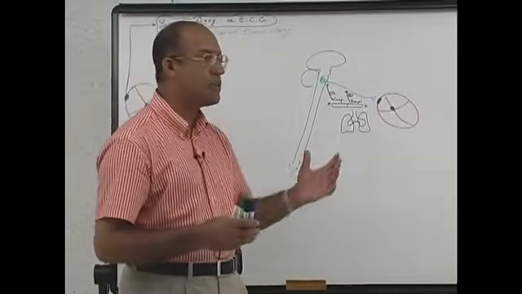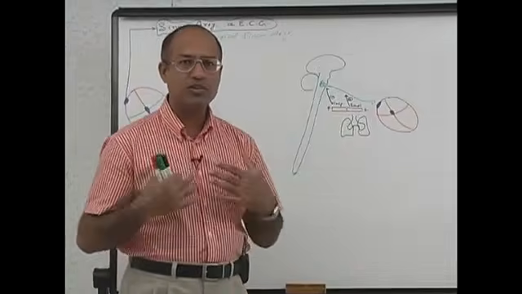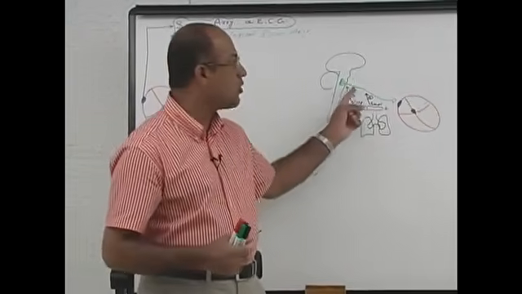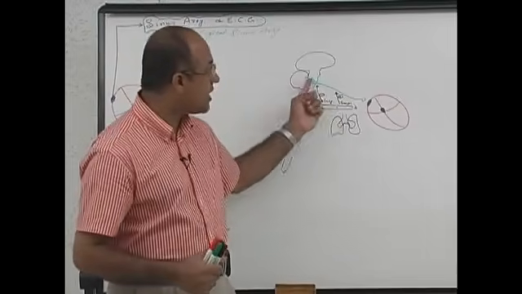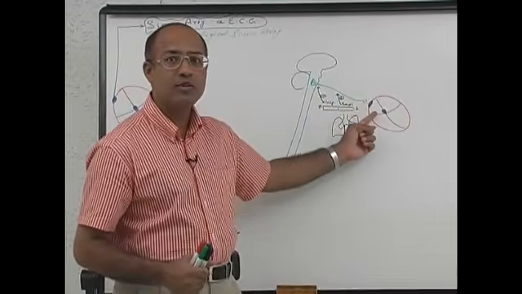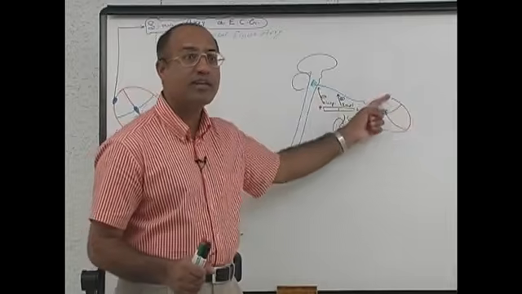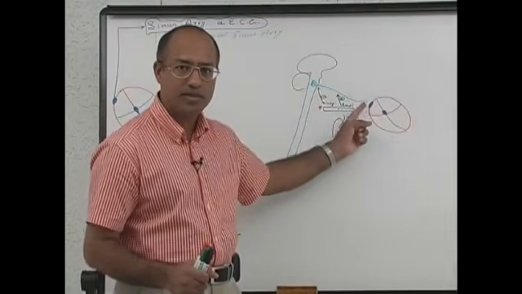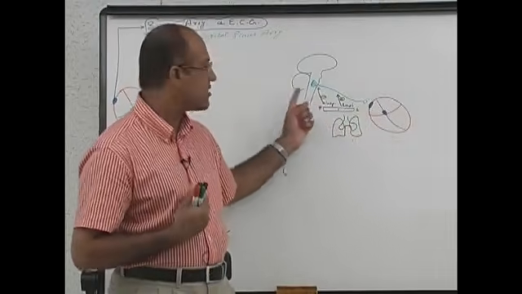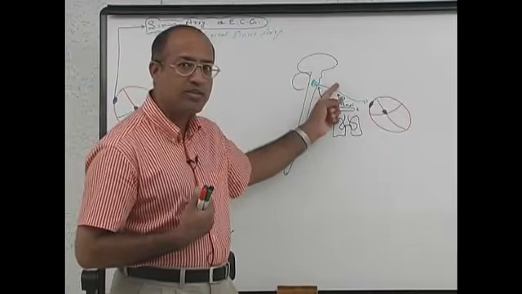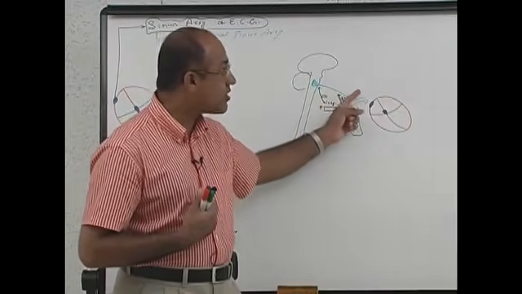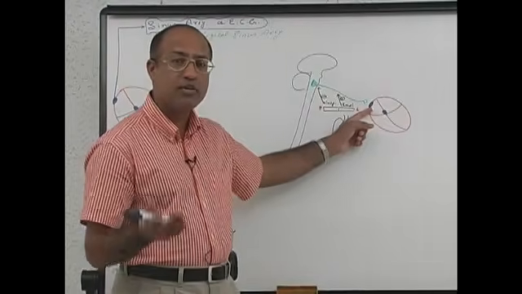So we can recap all this information: during the respiratory cycle, vagal outflow alters. And when vagal outflow alters, then SA node automaticity alters, and that changes the heart rate. During inspiration, vagus is inhibited. Once vagus is inhibited, it cannot inhibit the SA node and heart rate goes up.